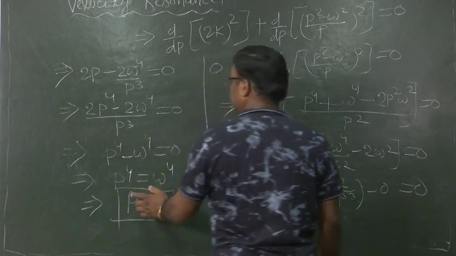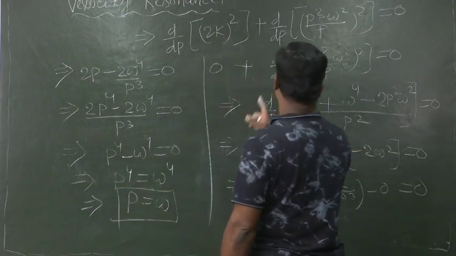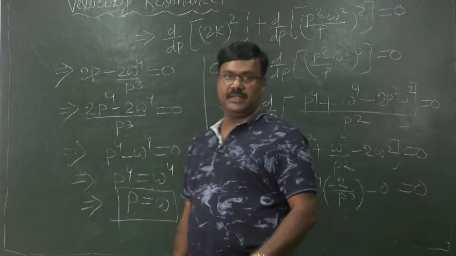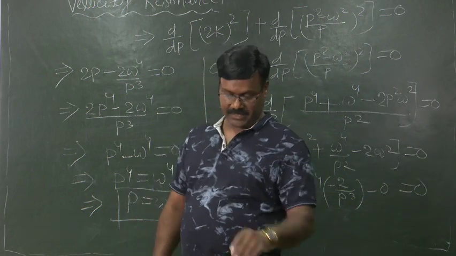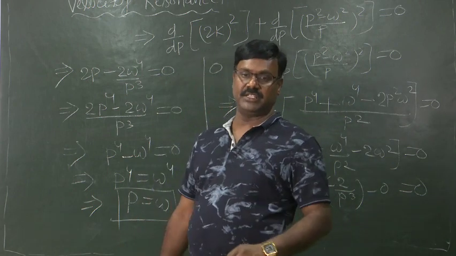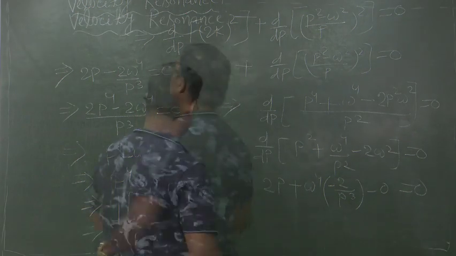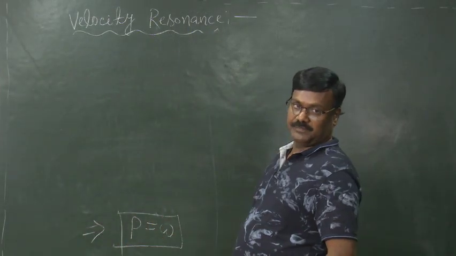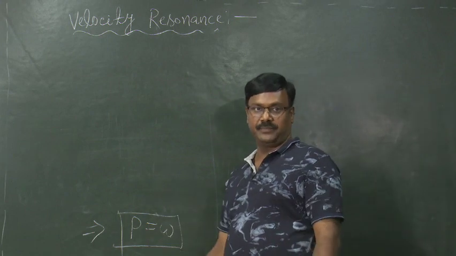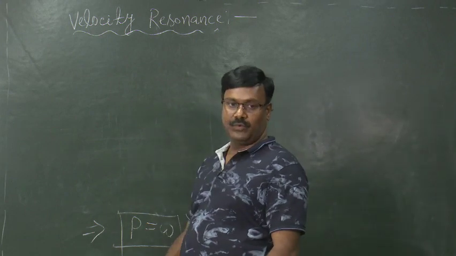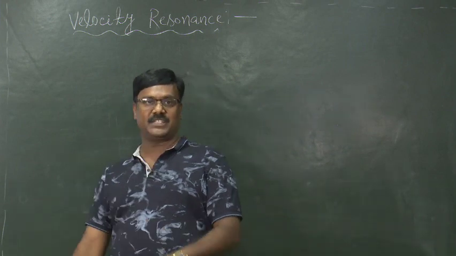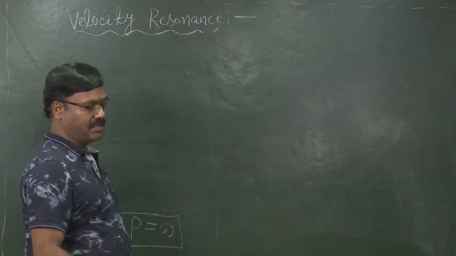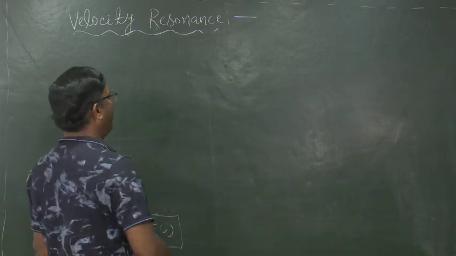So, putting this condition in the expression for velocity, we can get the expression for maximum velocity, V max.